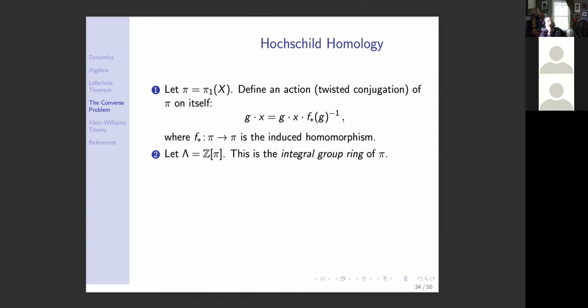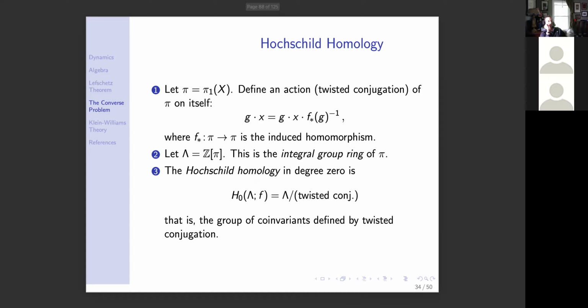Okay, so let lambda be the integral group ring of the fundamental group. As an abelian group, it's a free abelian group on the elements of pi, and it has a multiplication given by multiplication in pi, which you extend linearly. It has a ring structure because you can add things, since you're taking the free abelian group. The Hochschild homology in degree 0 is given by H_0(lambda; f).